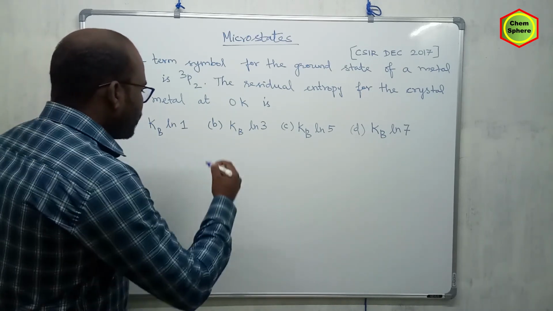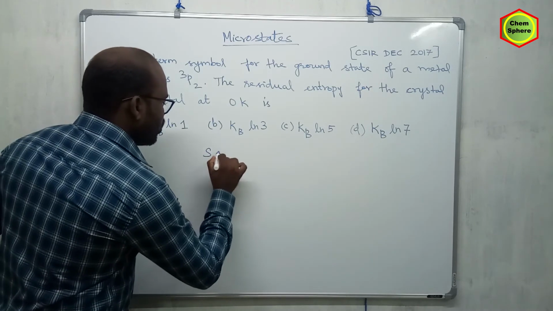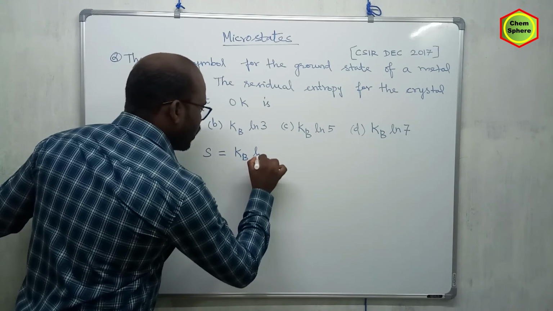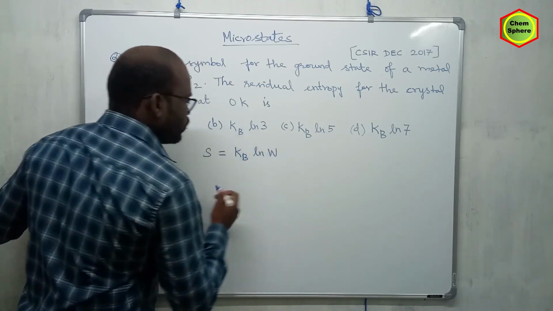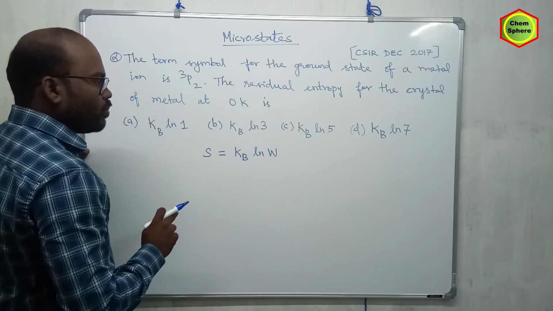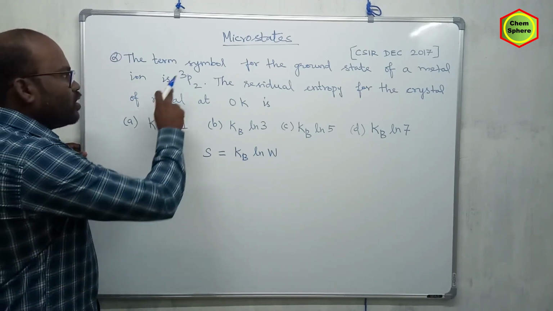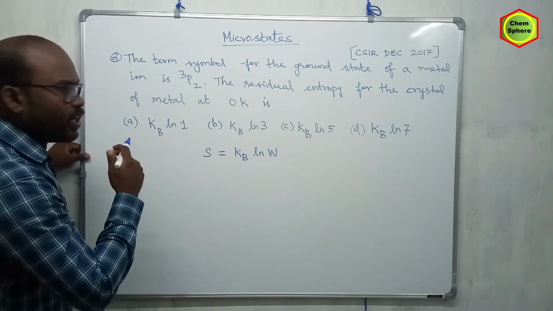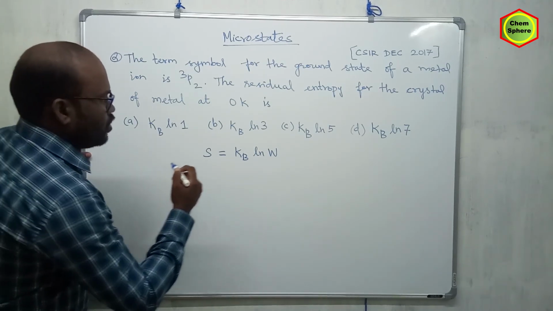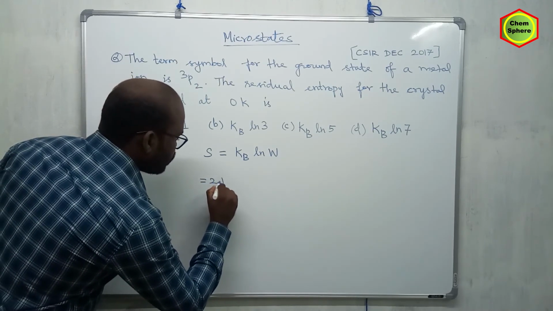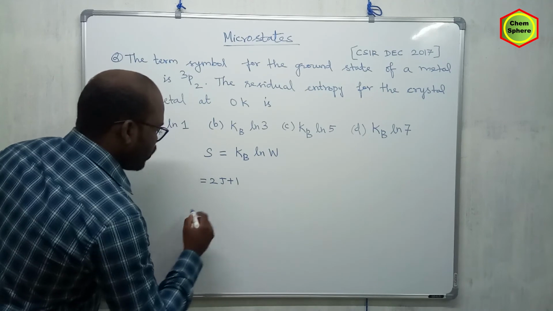The residual entropy formula is S equals Kb ln W. Here Kb is the Boltzmann constant and W is the total number of microstates. When the term symbol is given, that is type 4, we have explained previously. For type 4, what is the formula? 2J plus 1. This is the formula.